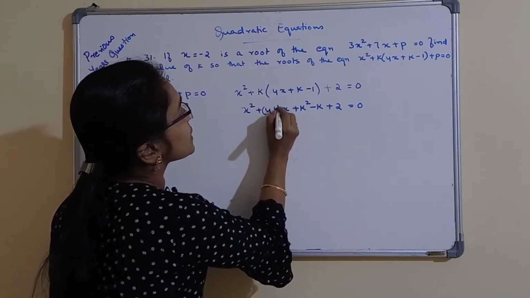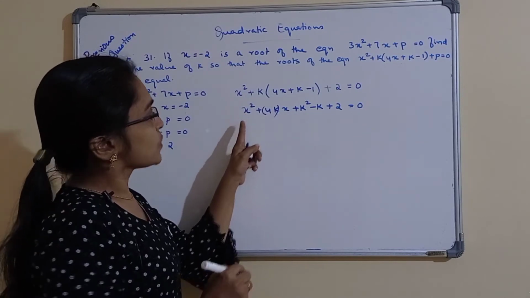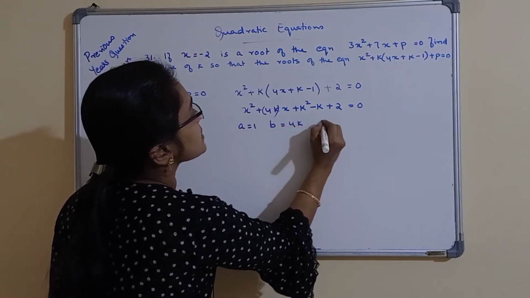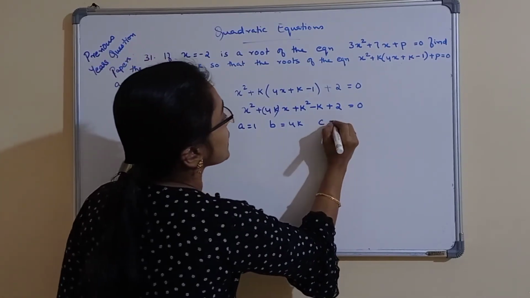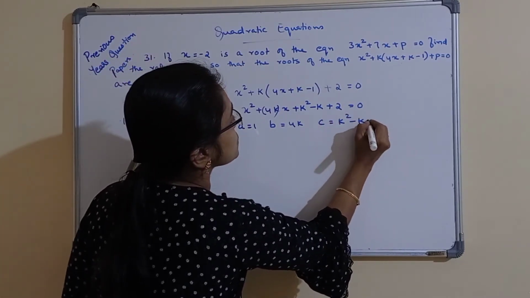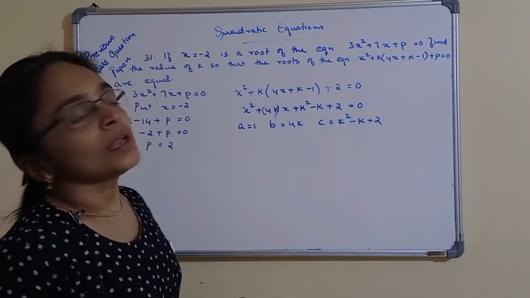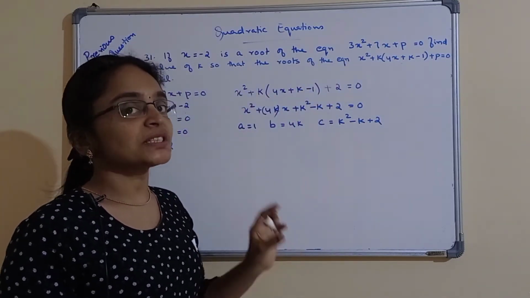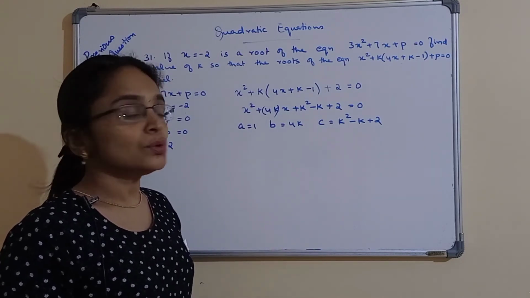So this is a quadratic equation: a equal to 1, b equal to 4k and the constant c equal to k square minus k plus 2. Now, given that the roots of this equation are equal, which means b square minus 4ac equal to 0.